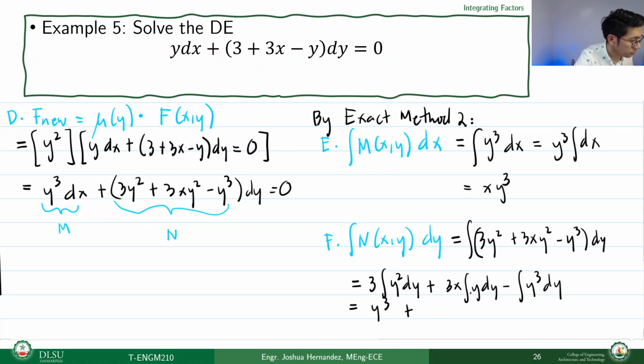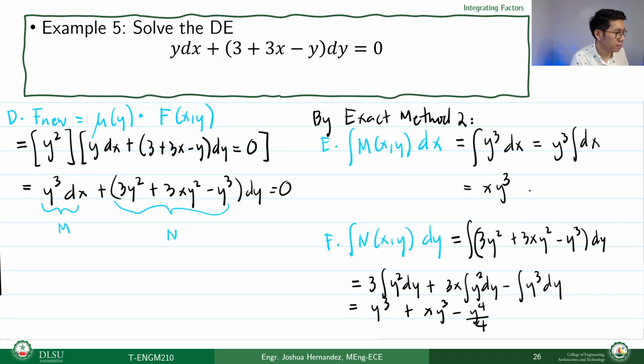Tama? This is y squared pala. Yun. So, dapat x y cubed. Yun. X y cubed minus y to the 4 all over 4. Ayan. That is our N.